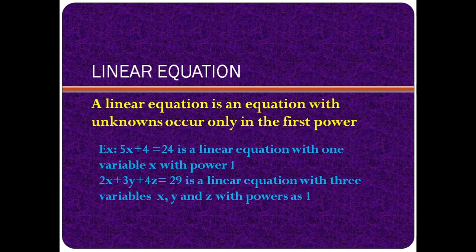So this is a linear equation with one variable. Another example, 2x plus 3y plus 4z is equal to 29. Here also x, y and z are the variables and they have powers as 1. So this is also a linear equation with 3 variables.